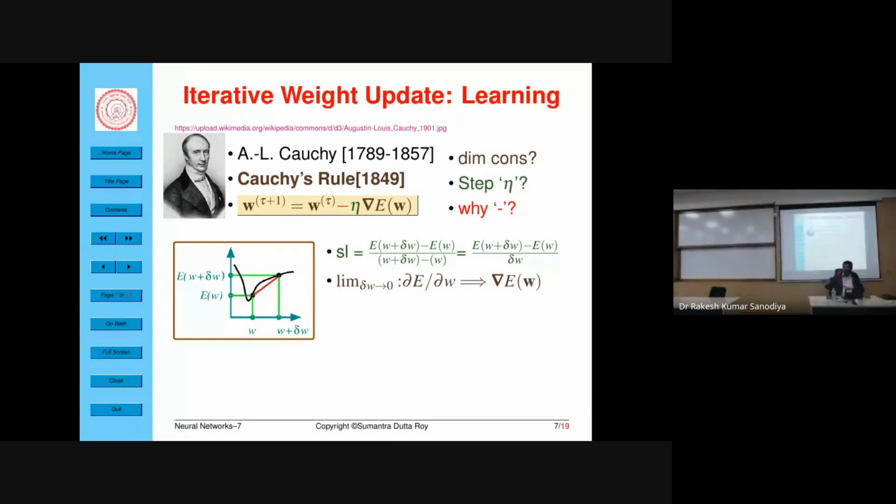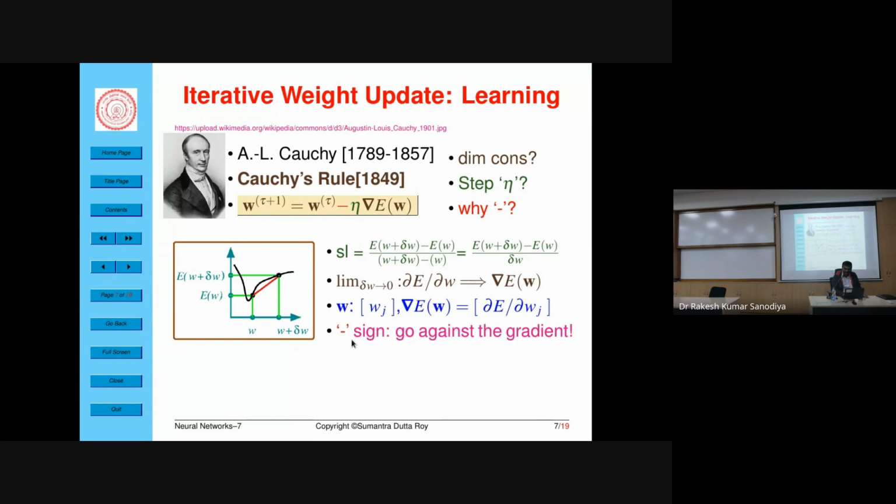It's like the slope. The gradient is the slope. The W vector is, I've just taken all of these weights and put them as one long column vector. So the gradient is the set of all partial derivatives, and therefore it is dimensionally consistent. That's all that I wanted to say.